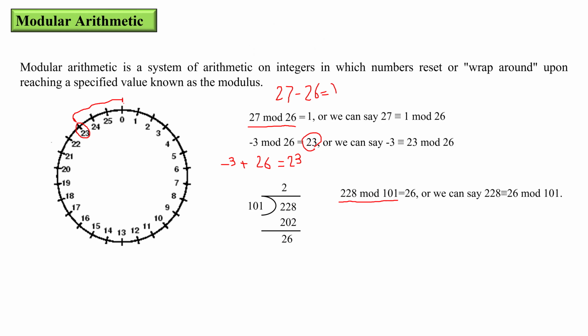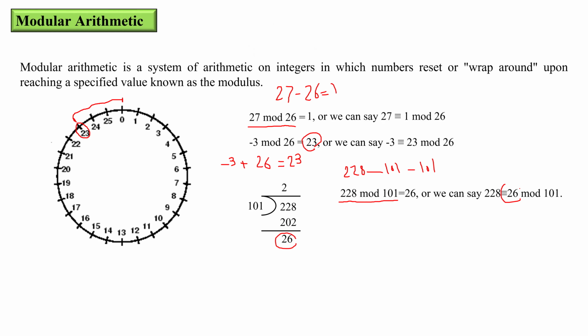We can do the same thing, turning around the circle, or we can compute 228 minus 101, and again minus 101, or we can divide 228 by 101, and then the remainder is the correct answer.